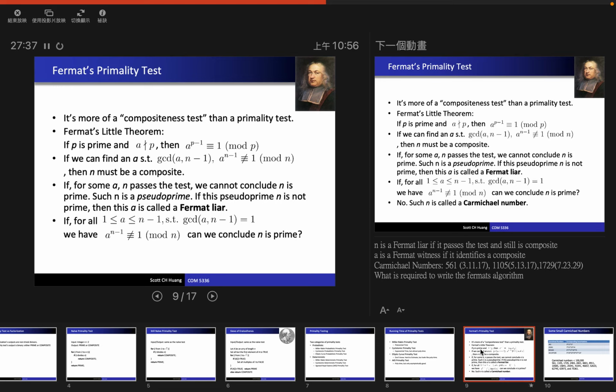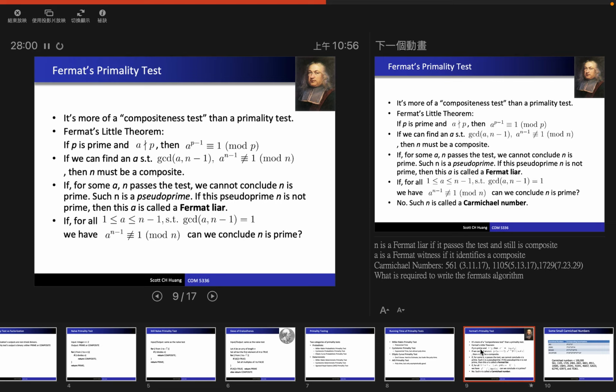Okay, there's another technical term for this case. If you find an a so that n passes the test, we can only conclude that this case passed. We cannot conclude it's prime.